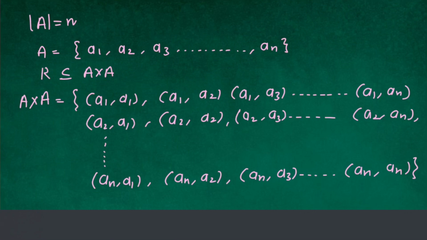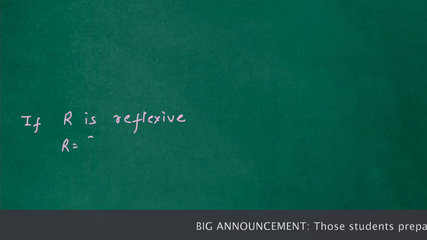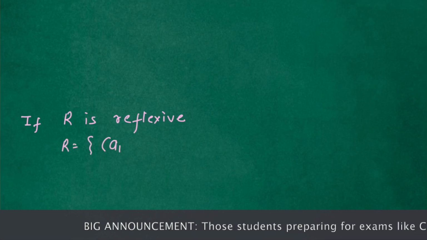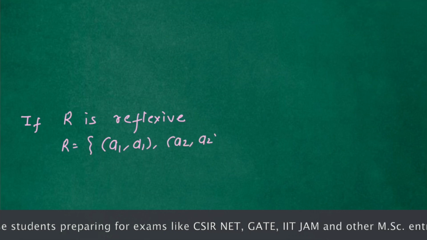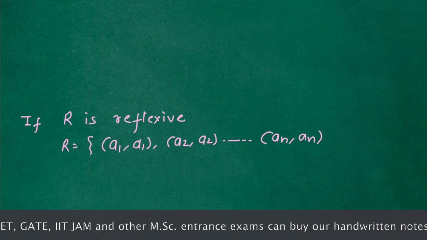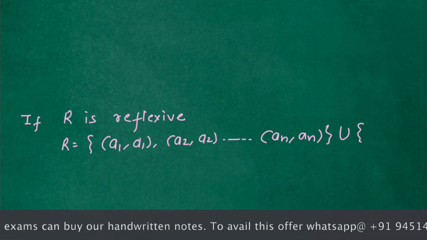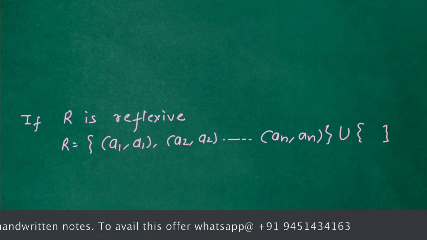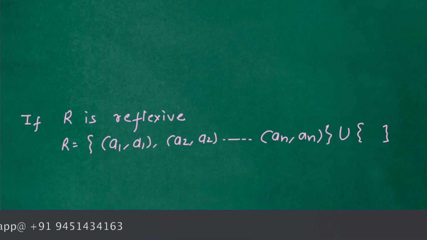Now if R is reflexive, then R must have (A1, A1), (A2, A2) and (An, An), and it may also have some more elements. Suppose I am writing this in curly brackets. In this curly bracket it can have other elements of A cross A except those diagonal elements.